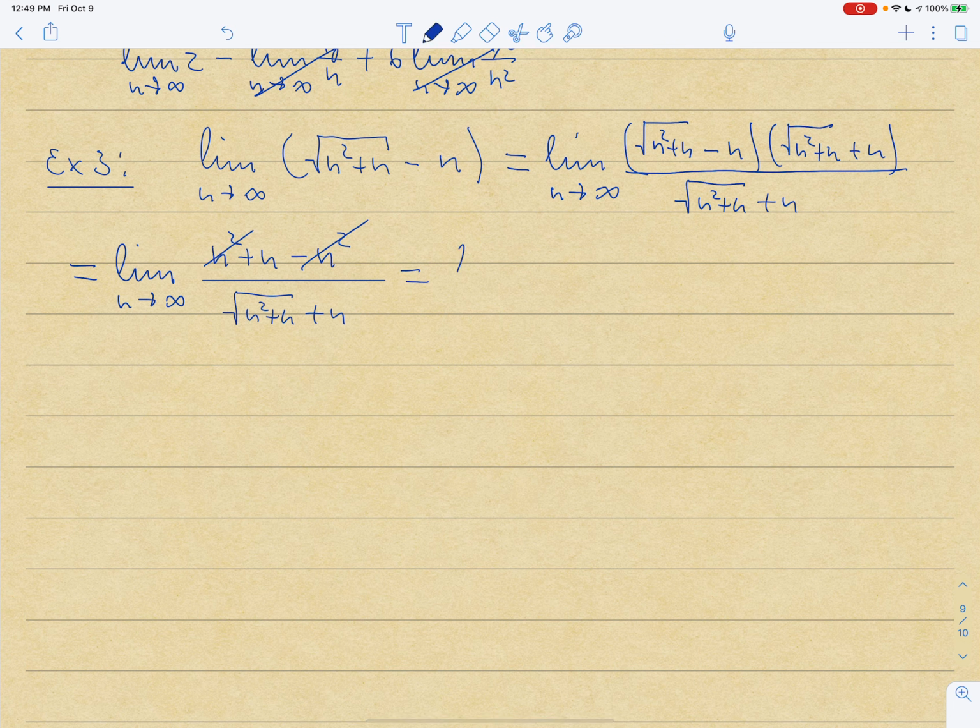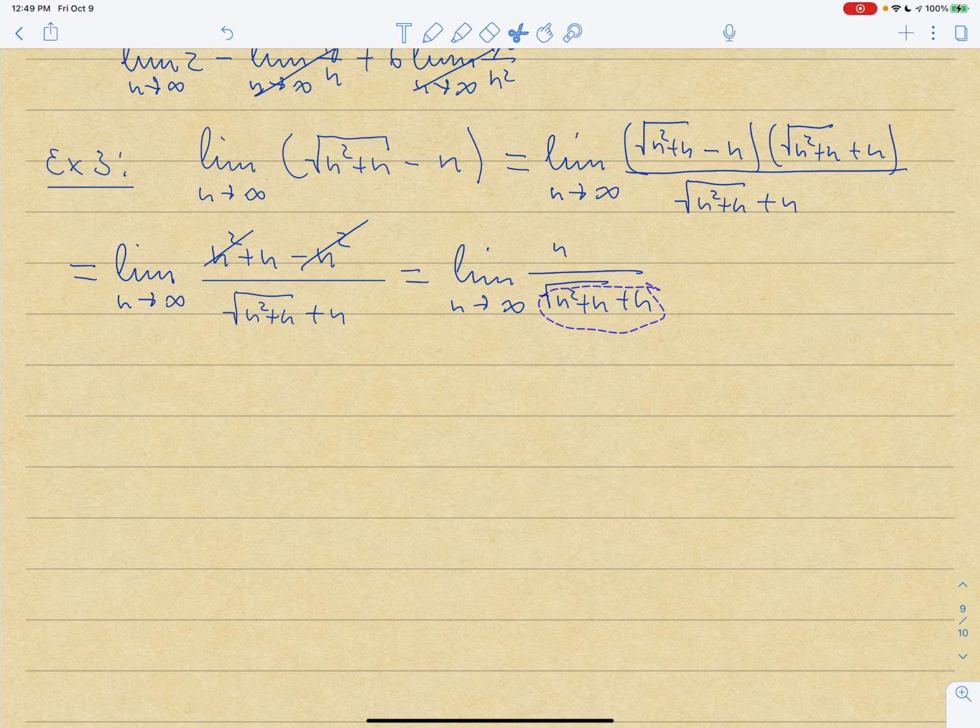So what I get is a limit n goes to infinity of n over square root of n squared plus n, plus n. Well, n goes to infinity, right? n becomes infinitely large. So n does not have a finite limit. And neither does the denominator, because again it has n plus something else. So that is not bounded either. So no finite limit in the denominator.